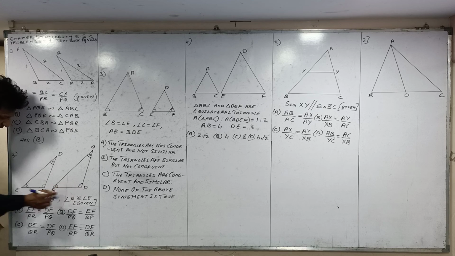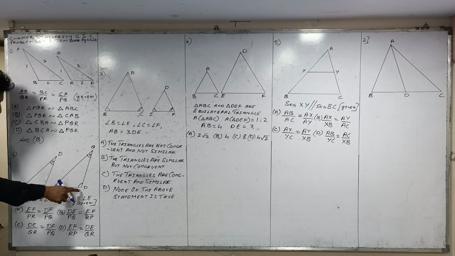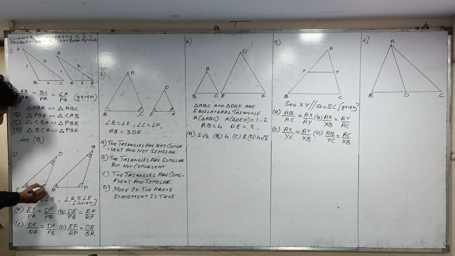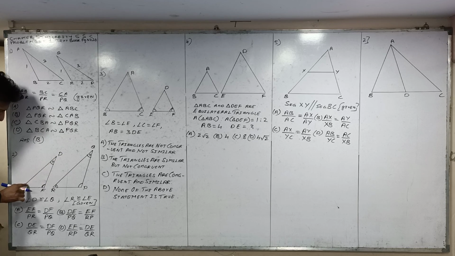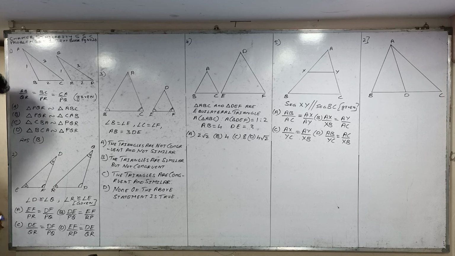This is the third angle of DEF, and this is the third angle of QRP. Two angles are congruent, so the third angle will be congruent only. Now you have to find out which statement is false.